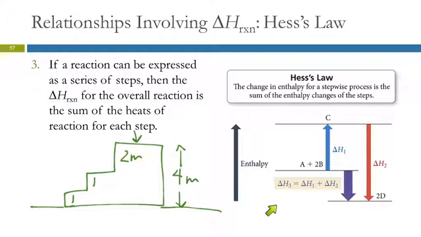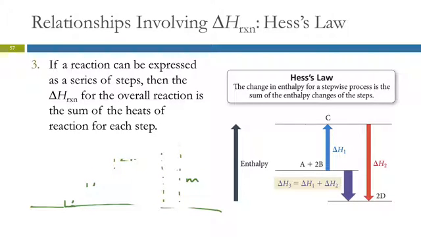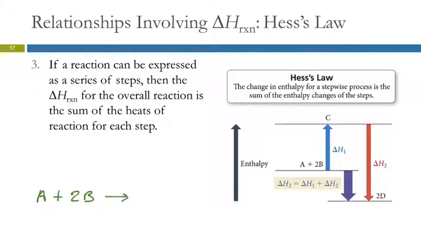Same thing applies for chemical reactions. Actually, this would be faster. So what we're looking at here is an overall reaction of A plus 2B going to form 2D. But we could envision that as like going up steps instead of just making the leap.